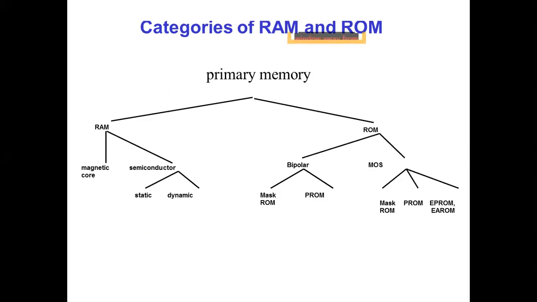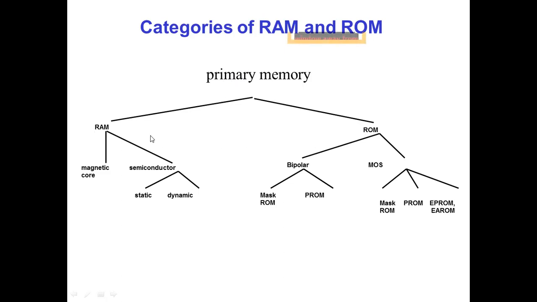Now these are the different categories. Here is primary memory, and again here is the division. You can see in this diagram, ROM comes into the category of primary memory. This is the division of primary memory as RAM and then ROM.